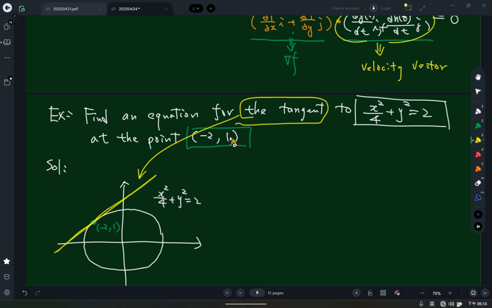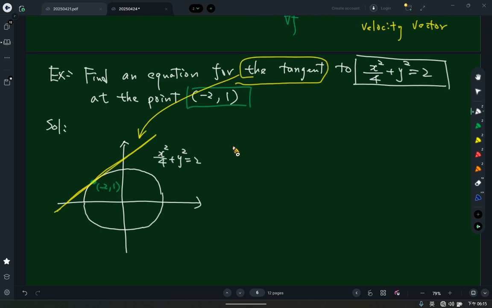Please find the tangent. Okay, so you can just use the skill you learned from last semester to get this one, using implicit differentiation, right? 这个题目你可以用上学期所学的隐函数微分，对不对？有讲过嘛？哈，有讲过。But you can also use the skill we learned here. So the ellipse x squared over 4 plus y squared is equal to 2.